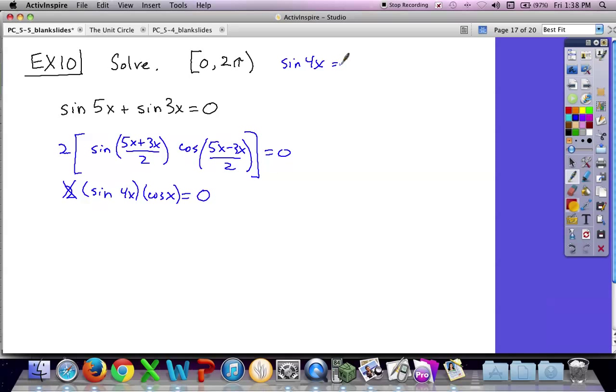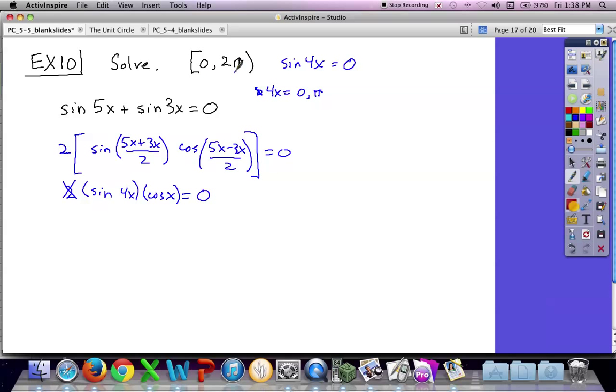We know that sine of x equals 0 at 0, pi, 2 pi, and every pi after that. So 4x equals 0, pi, and I'm going to have to keep going.